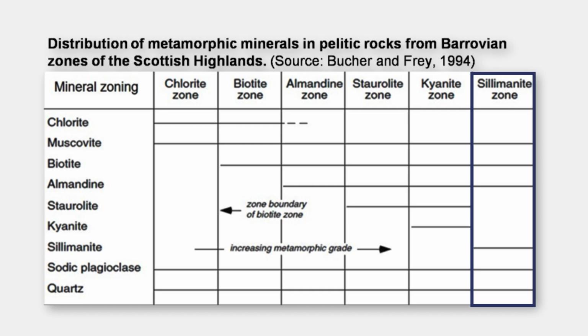In the sillimanite zone, there is no chlorite, but you have muscovite, biotite, almandine. There is no staurolite and no kyanite in the sillimanite zone, but sillimanite is there. Apart from this, we have sodic plagioclase and quartz.